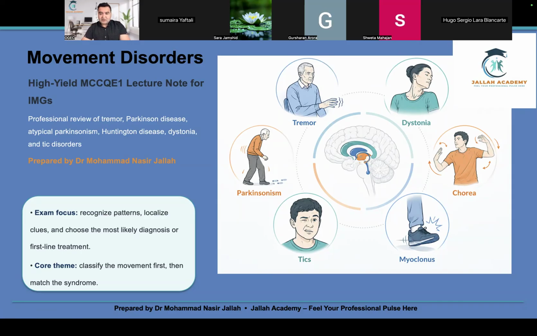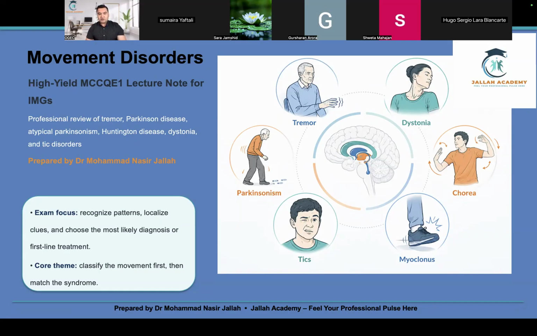So, movement disorder is very commonly tested in NACOSKI and MCQ1. In NACOSKI, probably you get a station which you have a patient who has a problem with movement, or the patient is accompanied by somebody else, who has Parkinsonism.